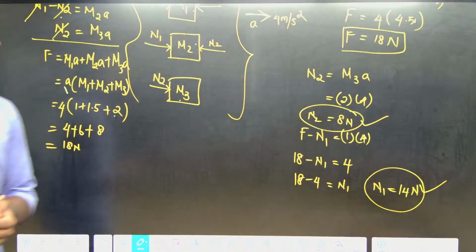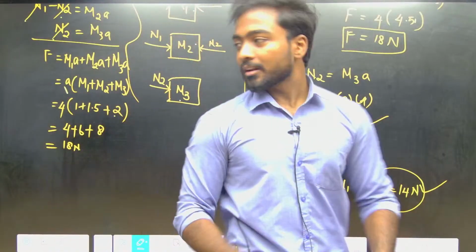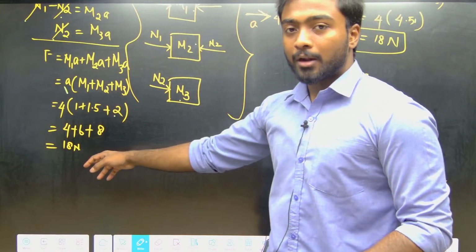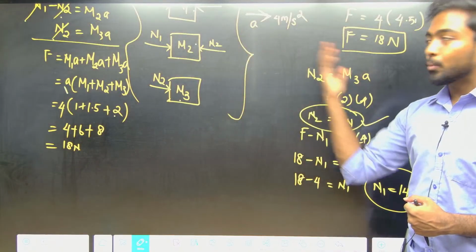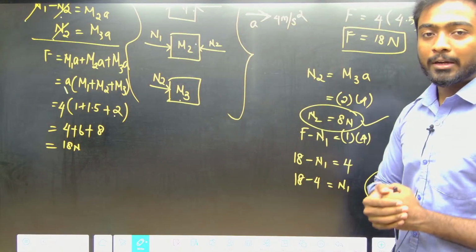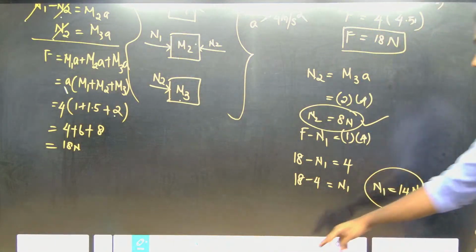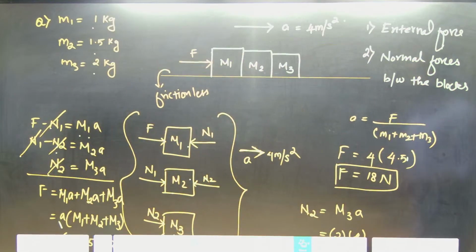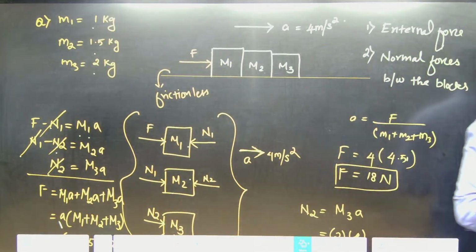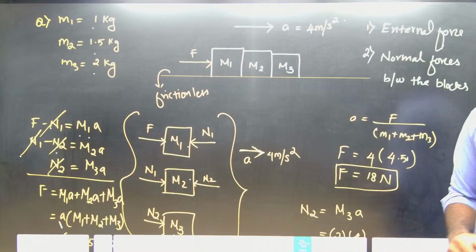This is about the normal forces acting between the blocks. When the external force of 18 Newton is applied, the blocks will go with an acceleration of 4 meter per second square, right? Okay, we'll go for the next question.